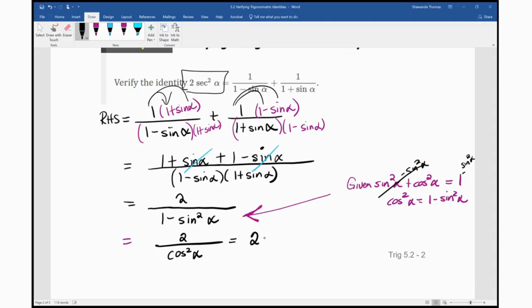This is the same thing as 2 times 1 over cosine squared alpha, right? So that's 2 times, what do we know 1 over cosine squared alpha to equal? Just the secant squared alpha, right? So that's why the final answer is 2 secant squared alpha, which is not the right hand side this time. We actually started with the right hand side and we proved that it equals the left hand side.